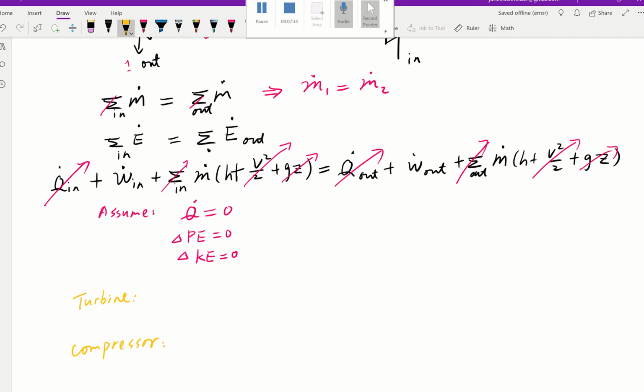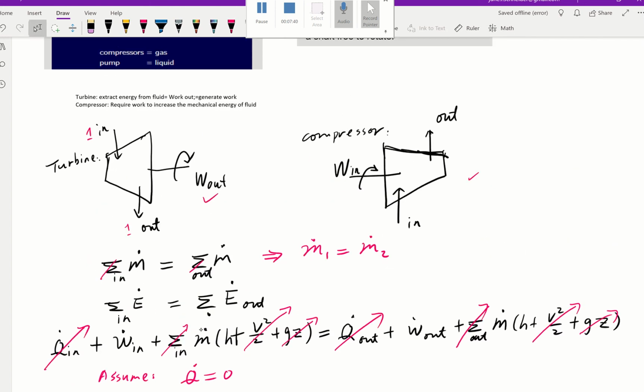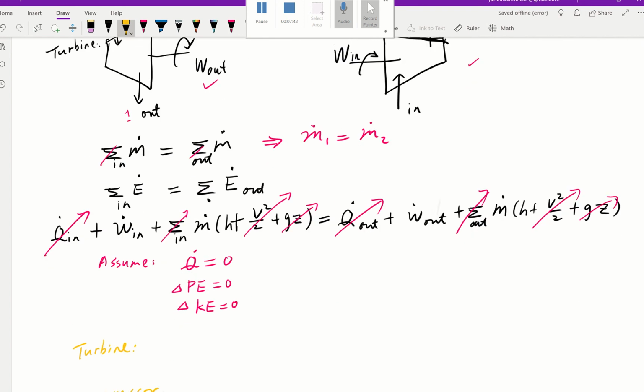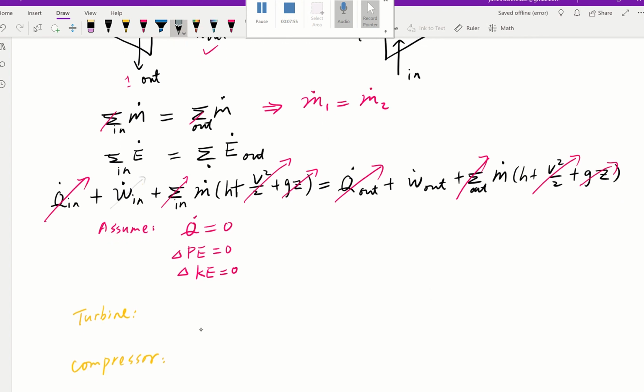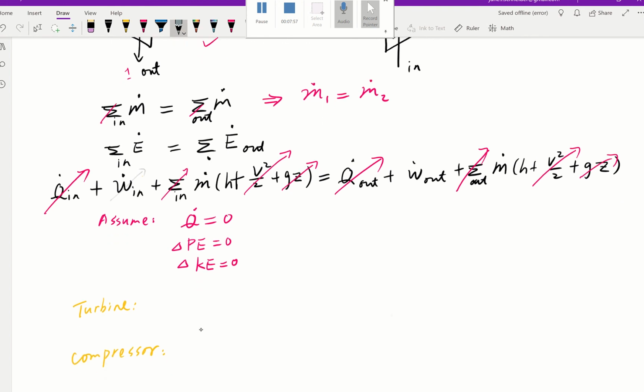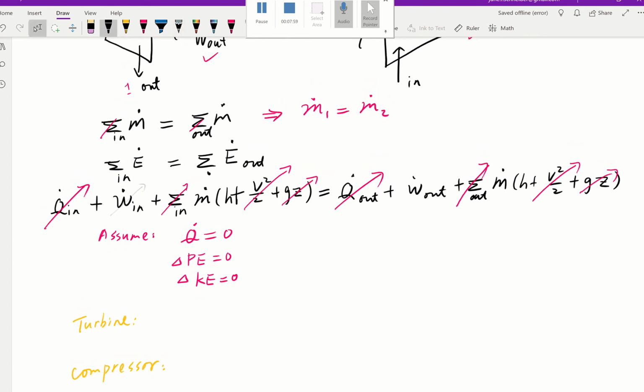So let's think about the turbine. It generates work, right? It turns the shaft. So there will be no work coming in. So in this case, this will be 0 if it's a turbine, right? So in that situation, what do we have then?